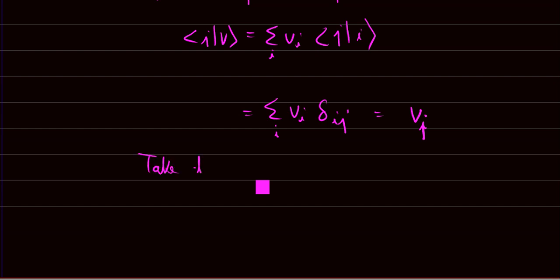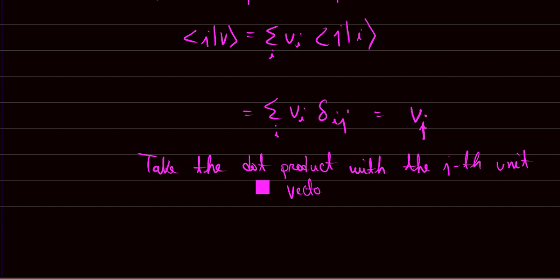We can call the inner product the dot product if we want, it doesn't matter. So just take the dot product with the jth unit vector, exactly like the three-dimensional case.